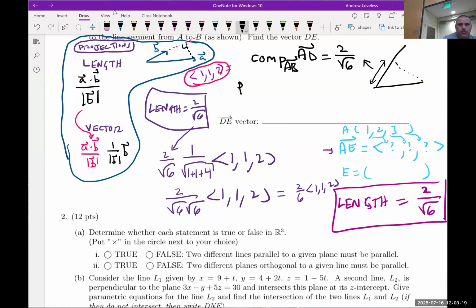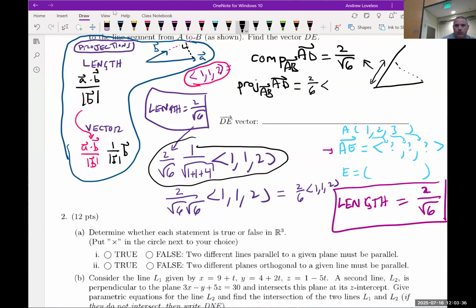The vector projection of AD onto AB was what you get when you rescale that vector. It was this. So it's 2/6 times 1, 1, 2. And it's just a vector that points the same way as AB, rescaled.